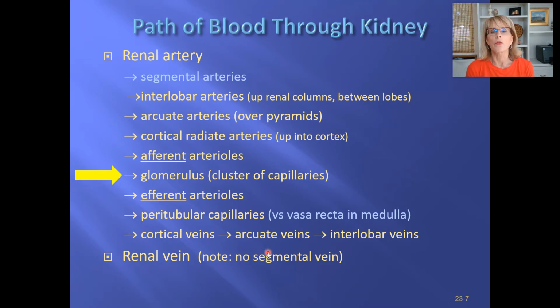Blood is going to start in the renal artery. And let me emphasize for you that the only place in all of anatomy where you will find that the arteries are blue is the pulmonary arteries. Now, I know that you learned the beginning of the pulmonary artery when you were learning the cardiovascular anatomy.